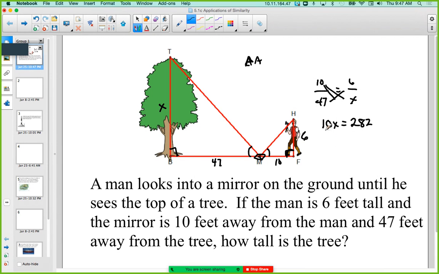To solve for x, I'm going to divide both sides by 10. I get 28.2. So how tall is the tree? 28.2 feet. We would want to write down the units in this case because it's asking specifically for a length, or in this case, how tall it is.